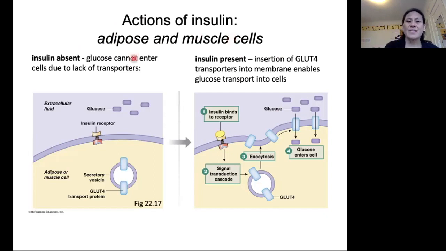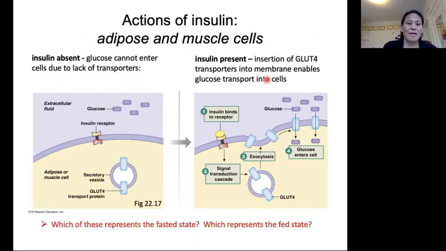And if we are in the fasted state, we're not going to want to do that. We don't want to store away our glucose. However, if we are in the fed state, then we can secrete insulin, which is then going to tell these cells, okay, it's okay to take up glucose and start building that glucose up into larger storage molecules.